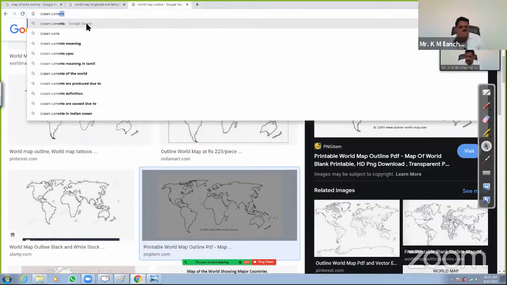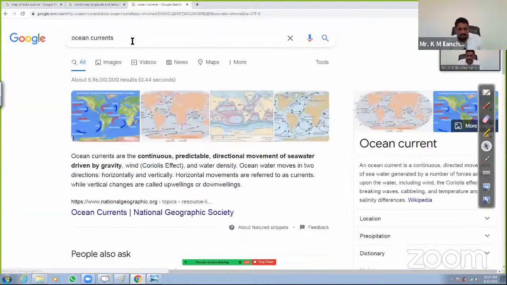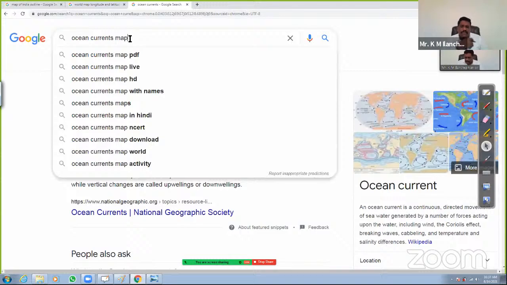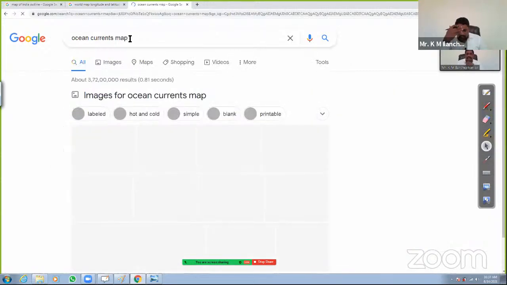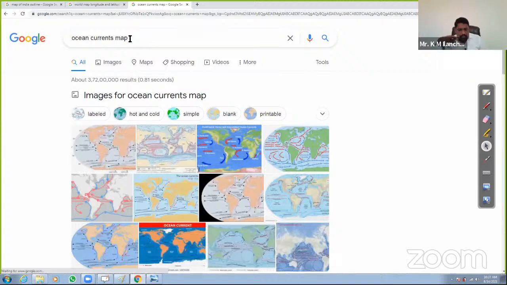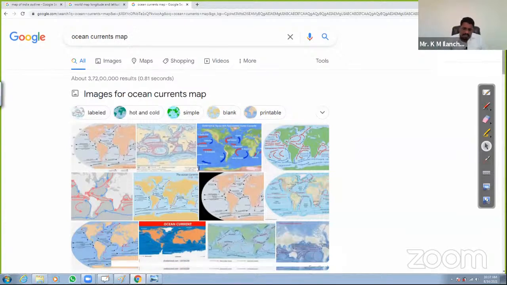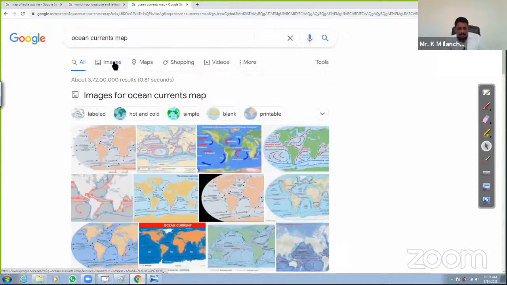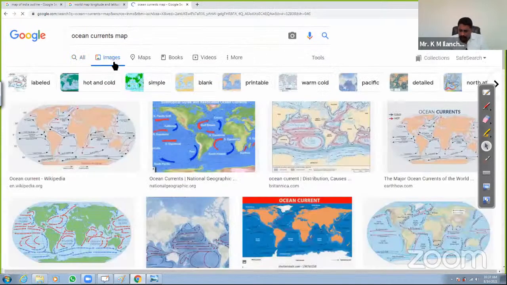What are ocean currents? Somewhere you should know it, right? Continuous flow of water. Current means anything which is continuous. Continuous flow of water on the ocean surface, you call as what? Ocean currents.